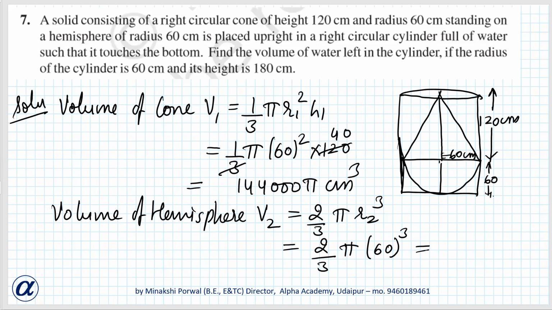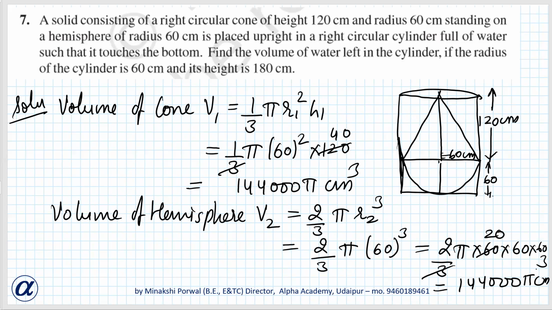So when you solve this, it is basically 2 by 3 pi into 60 into 60 into 60. So 3 twos are 40, and we have to multiply 60 into 60 into 40. That is again 144,000 pi centimeter cube.